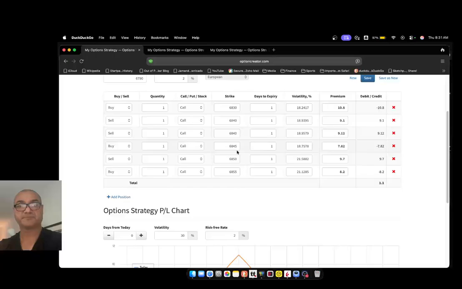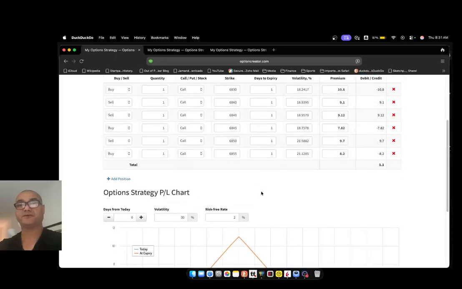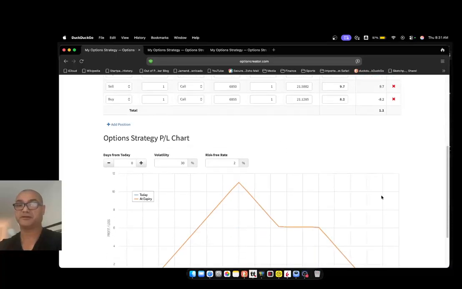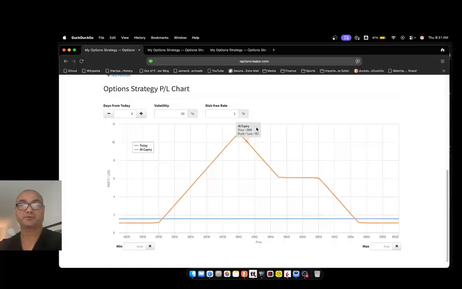I sold a vertical spread to turn a portion of this into a butterfly, and then I condored off the remaining 5 wide. You can think of it as between 30 and 35. I condored it off at 50 and 55, leaving me with a total credit of $1.10 and a profit as follows.